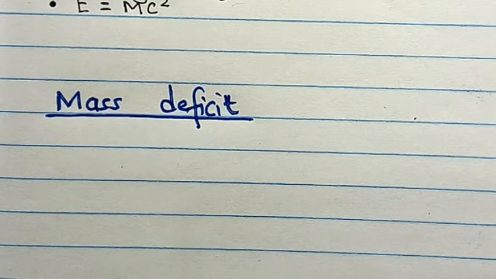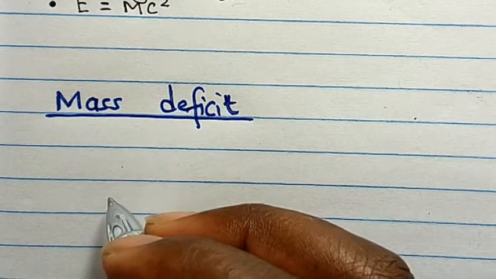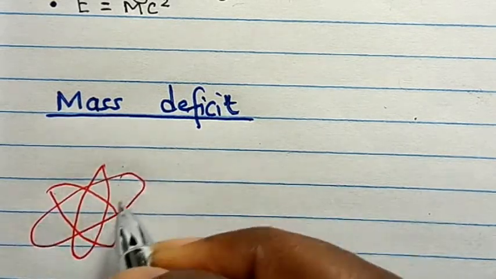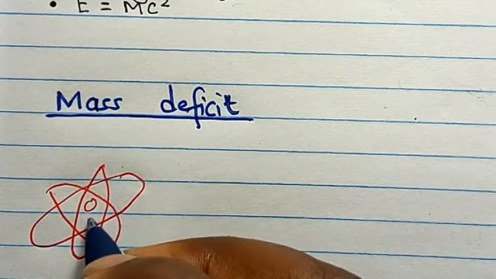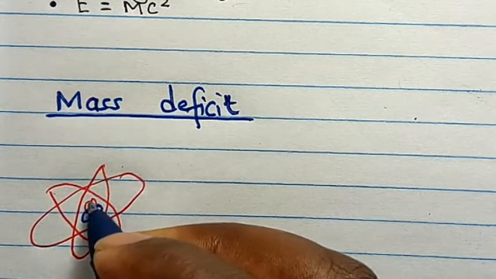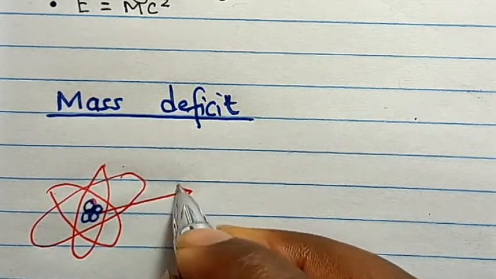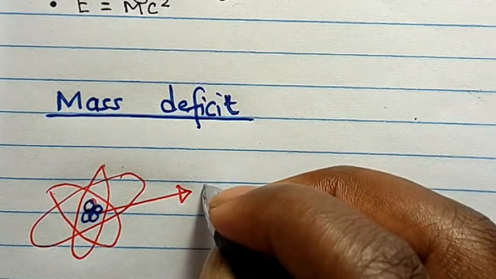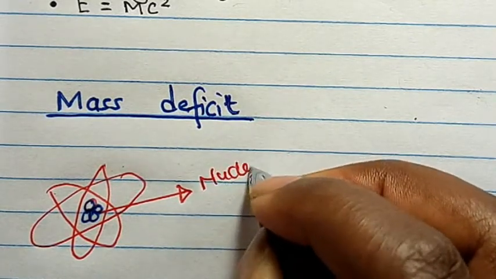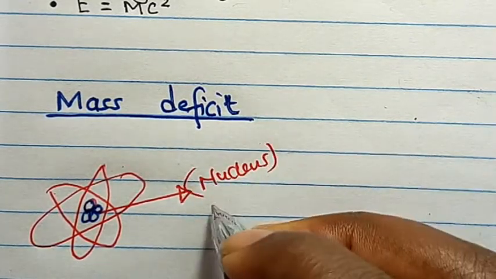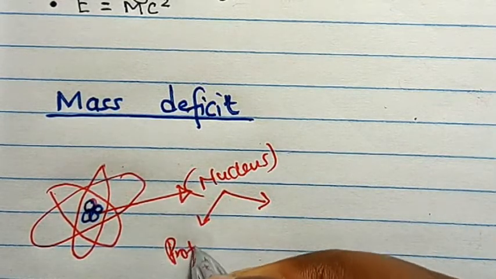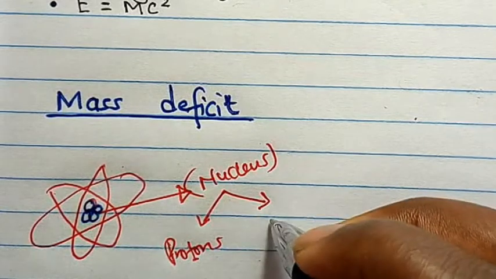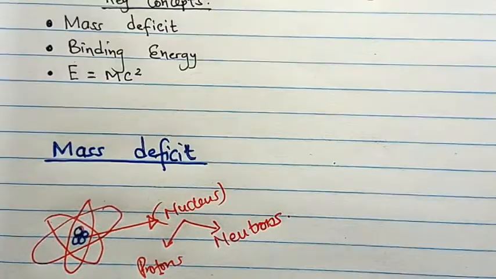Imagine that here we have an atom, and in this atom, of course, there are nucleons at the center. Inside these nucleons, we know that this is the nucleus. In the nucleus, we know that there are protons, and there are neutrons.